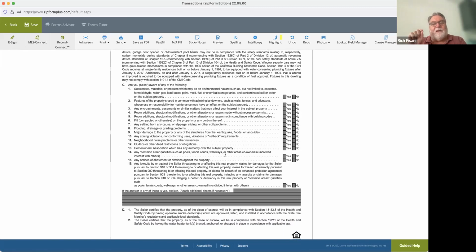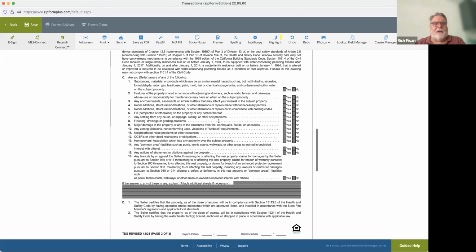And anywhere there's a yes, there needs to be an explanation, even if it's, are there CC&Rs? Have them put an explanation. Yes, there are CC&Rs. Or there is a common area, pools in the common area, we have a tennis court, whatever. If it's answered yes, then they need to have an explanation.